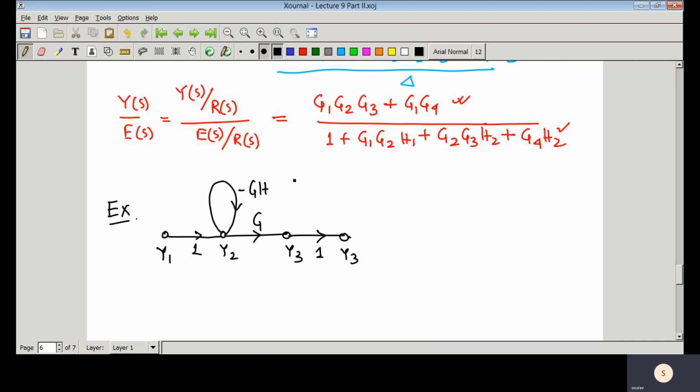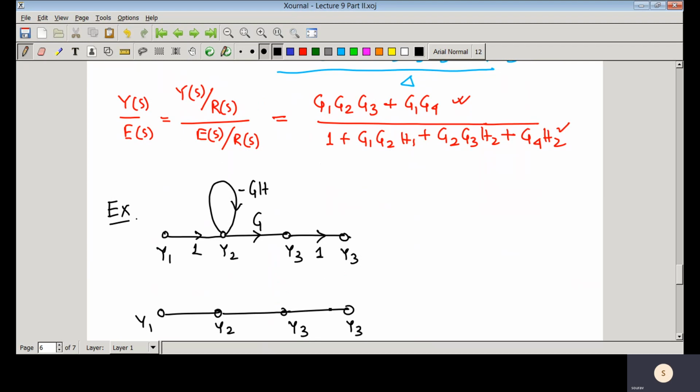Now if I draw another signal flow graph, which is this one, this is the signal flow graph, this is y1, this is y2, this is y3.